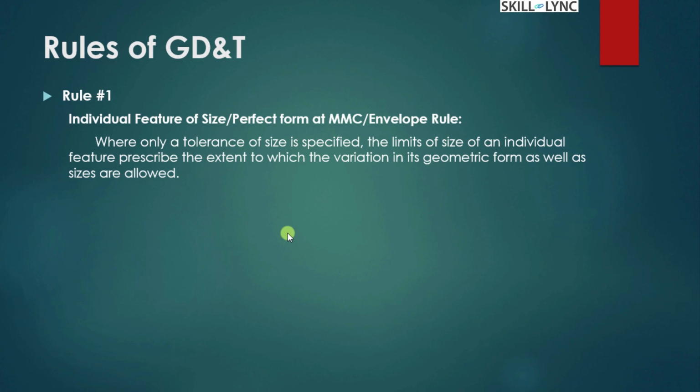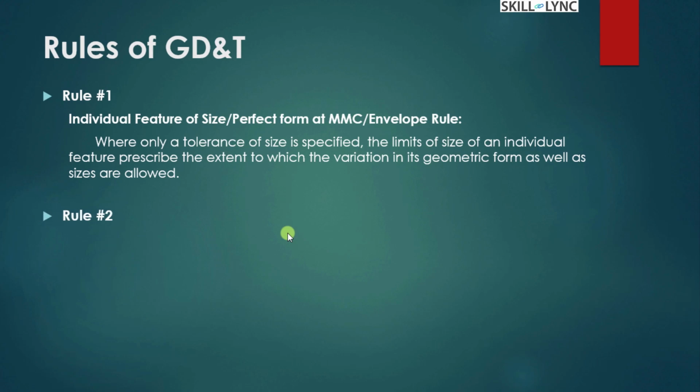In that case, at the 50.001 condition, that is in your maximum material condition, no more tolerance is allowed. We don't have any other modifier in that case. So for an MMC, it means the external surface is of perfect form without any undulation or errors. So this is rule number 1 of your GD&T.